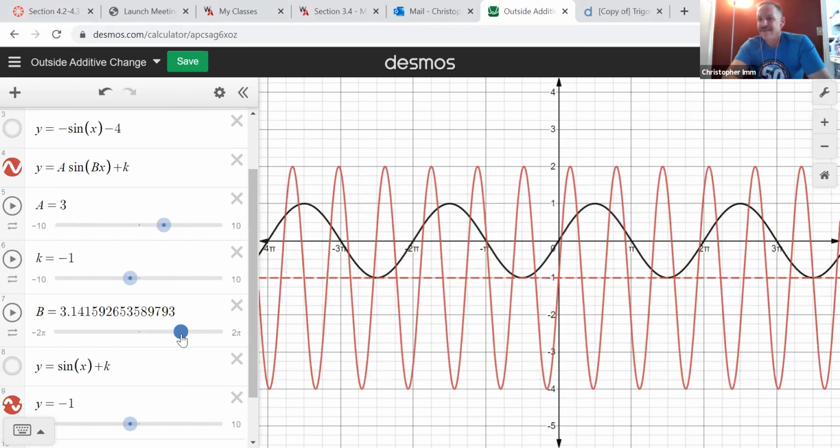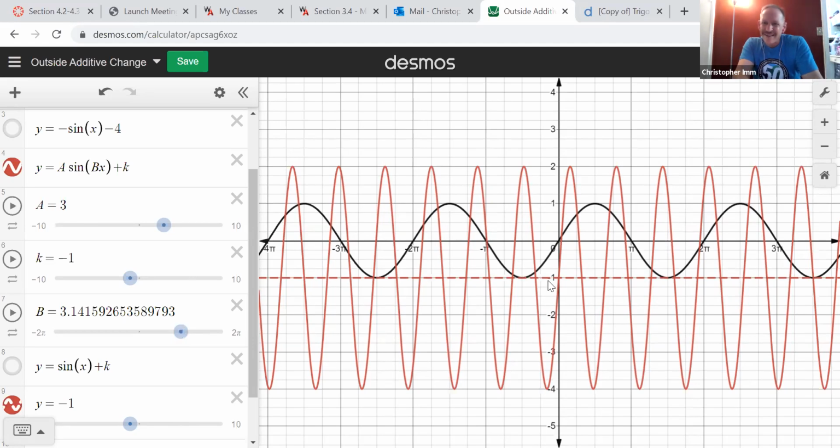There we go. So that is the graph that you would get with y is equal to 3 sine pi x minus 1. It has shifted that black graph down 1. It's stretched it out by a factor of 3. And then it's compressed it horizontally. It's caused that period to really speed up, right?